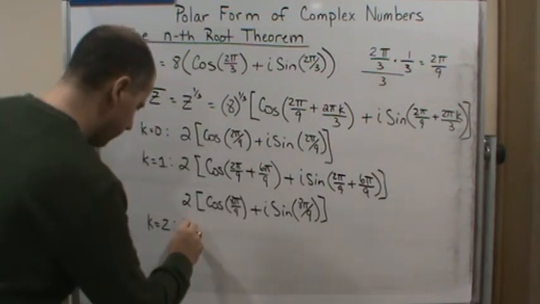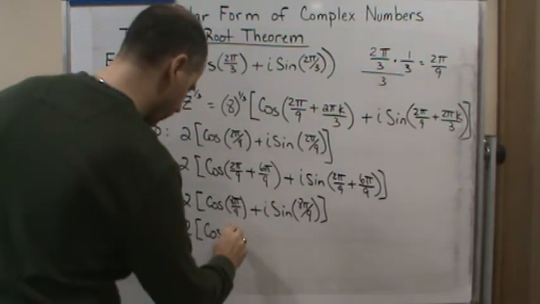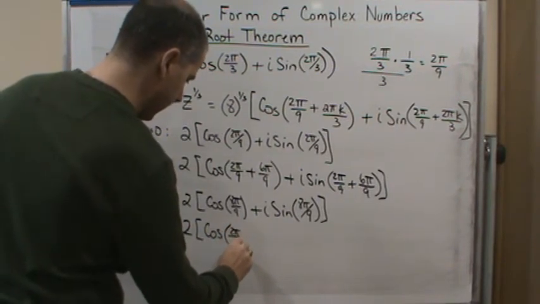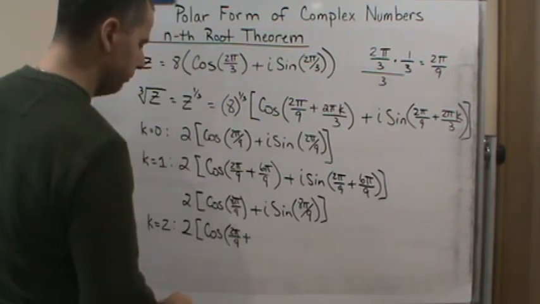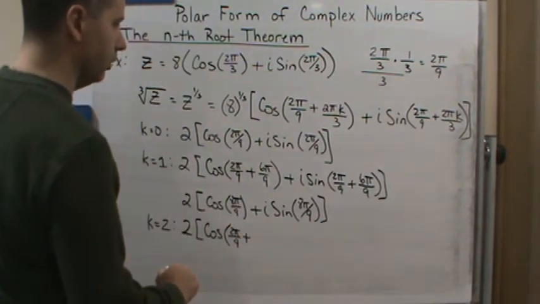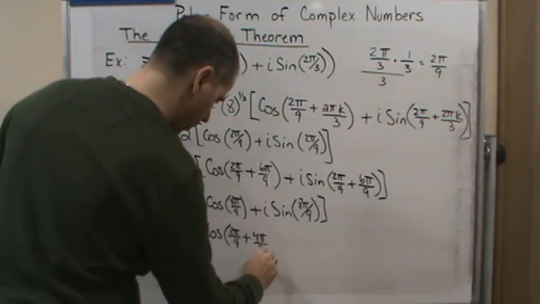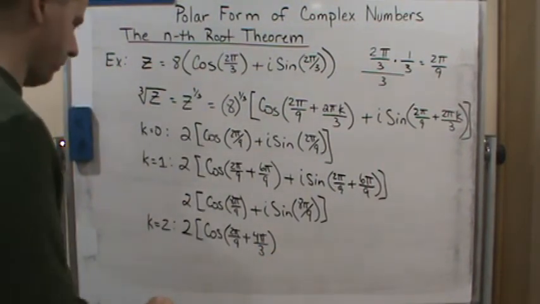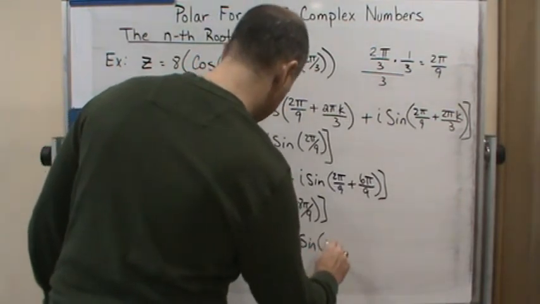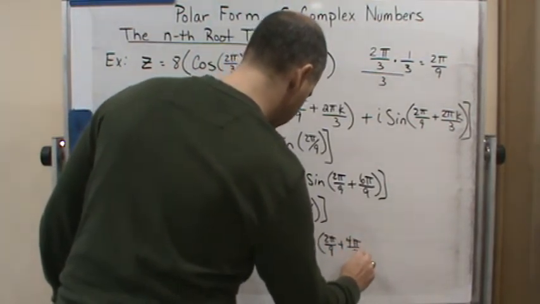Okay, so it's going to end up being 2 cosine of 2 pi over 9 plus 4 pi over 3, okay, plus I sine of 2 pi over 9 plus 4 pi over 3.